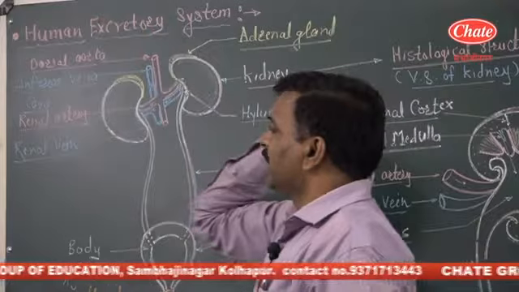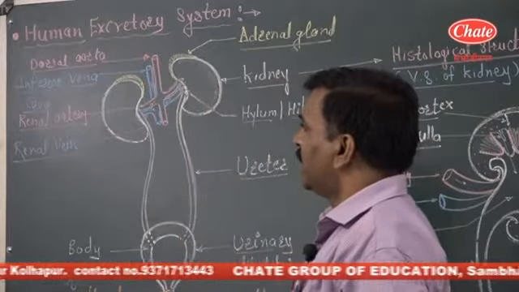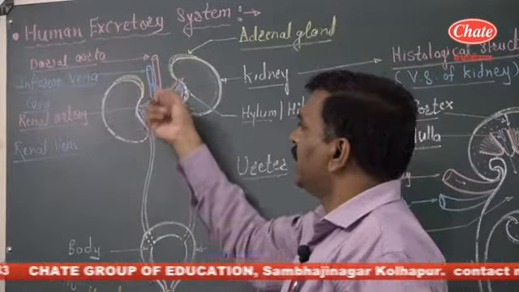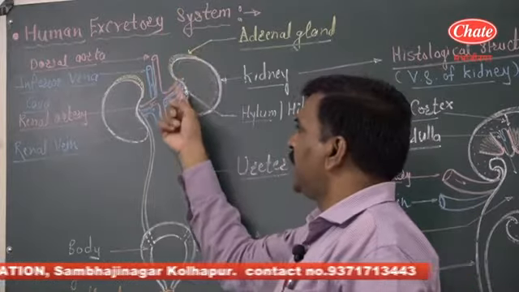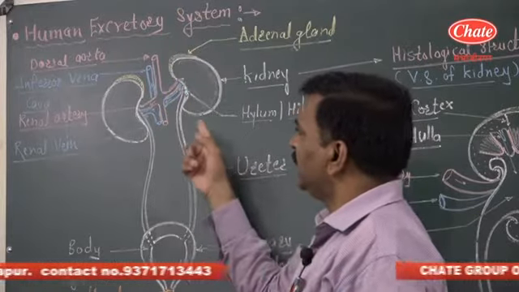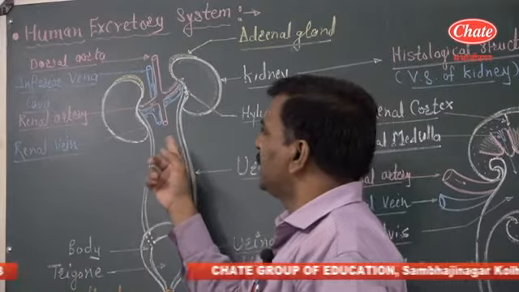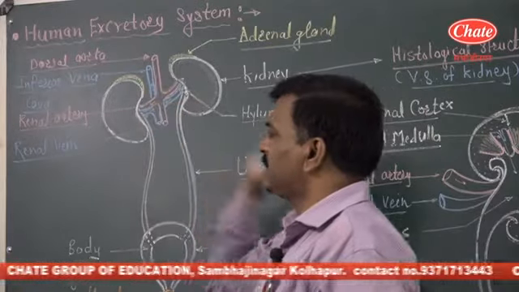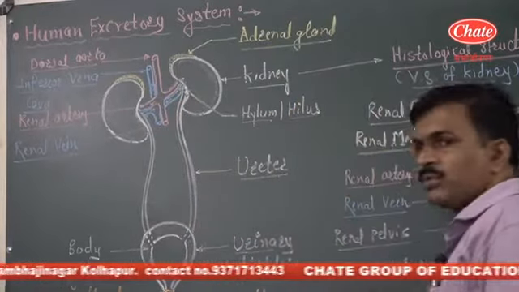This inferior vena cava sends this blood towards the heart. So the dorsal aorta supplies oxygenated and impure blood towards the kidney, while the inferior vena cava carries the pure blood towards the heart, which is deoxygenated. It is most important.